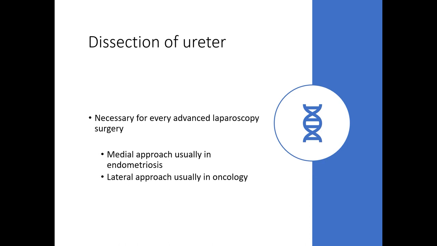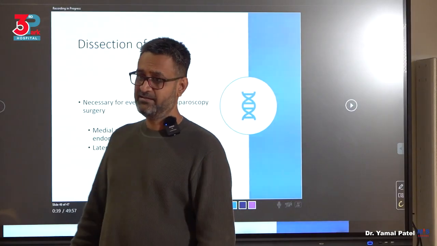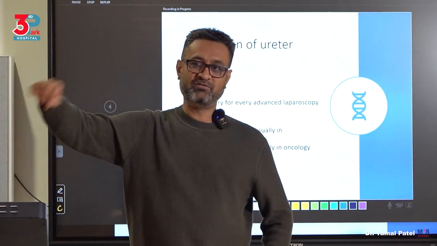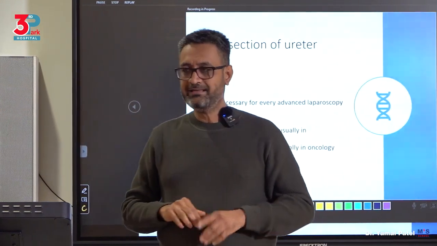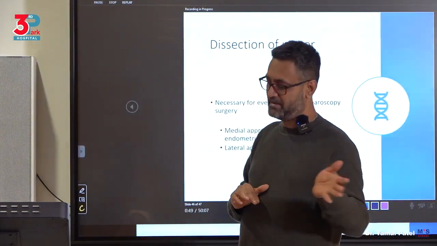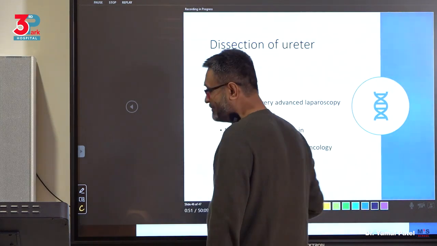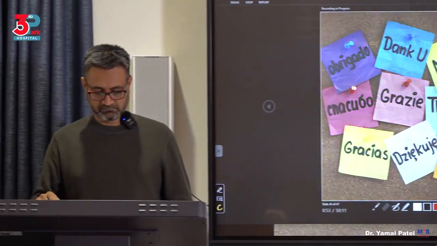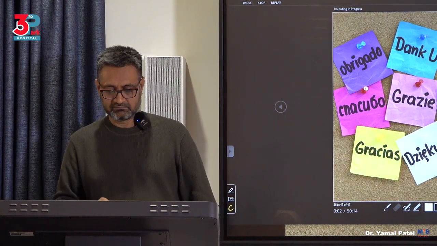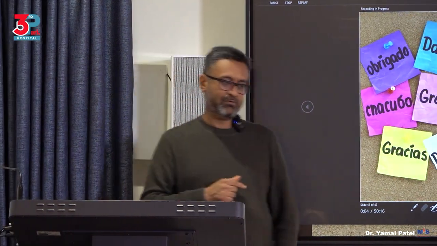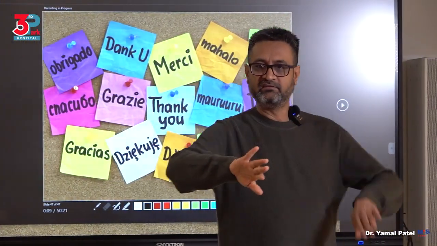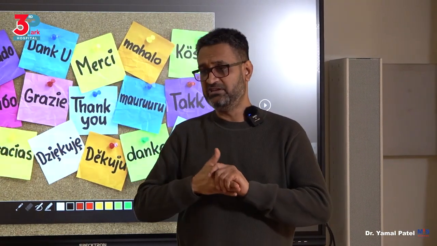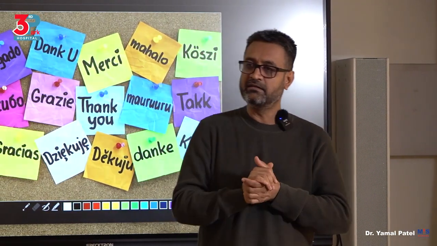And for oncology, they use the lateral approach and they medialize the ureter because they want to go for lymph nodes and those things there, and they want to take the parametrium there. You've understood. So there is lateral approach and medial approach. Are we clear? So I think, yeah, there were two more points there. So you need to know how to dissect these ureters away from your field of vision in either the medial or lateral approach.